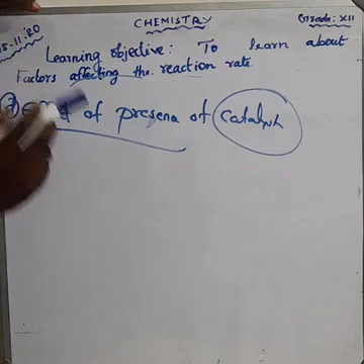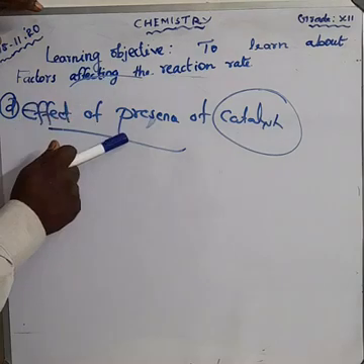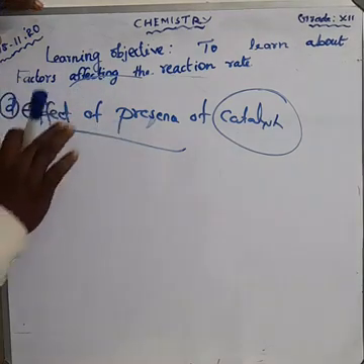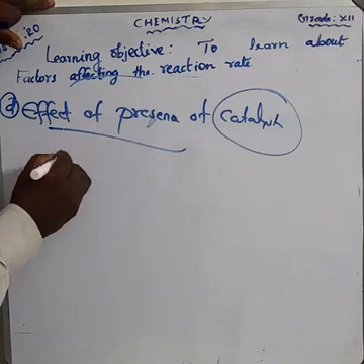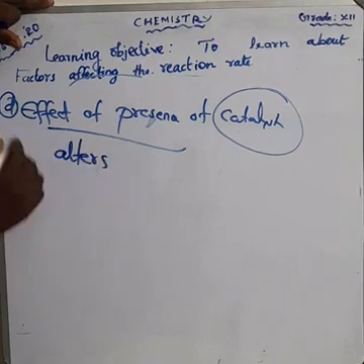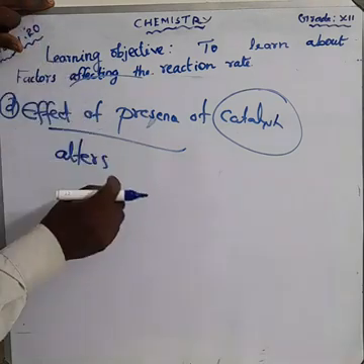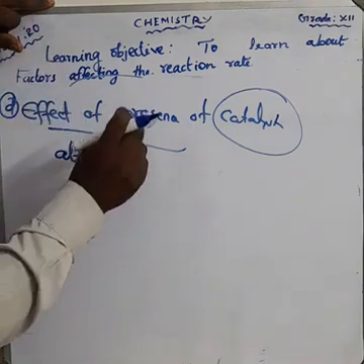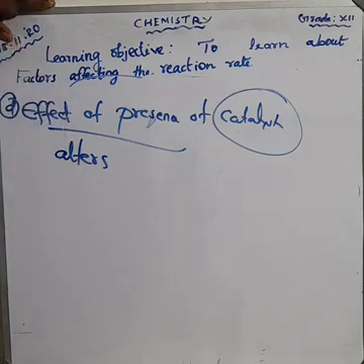Here, we should write the definition of catalyst. A catalyst is a substance which alters, don't forget the word alters, the rate of the reaction without itself undergoing any permanent chemical change.